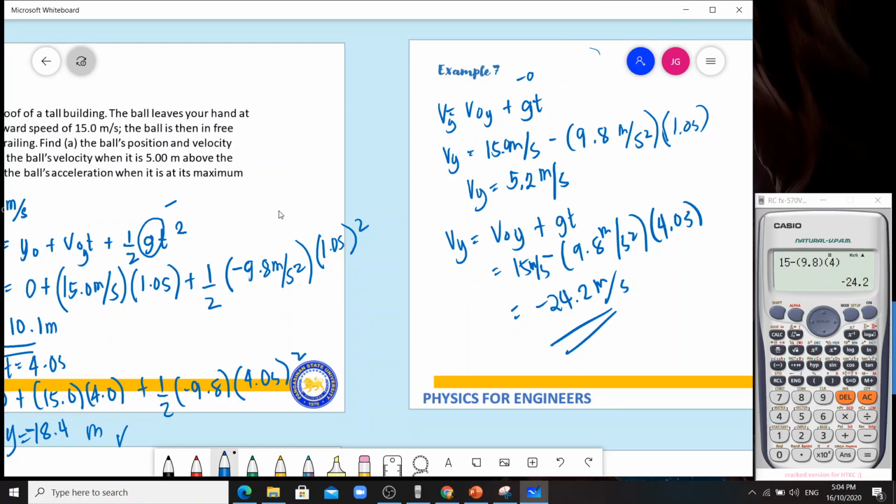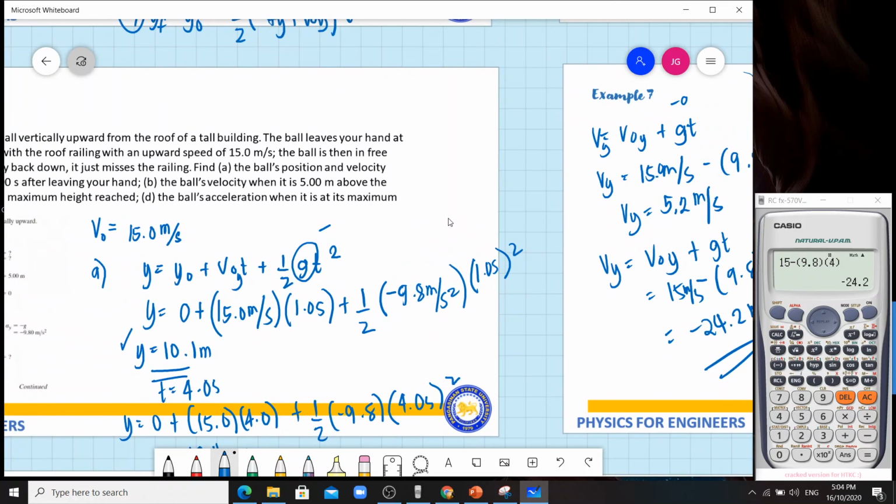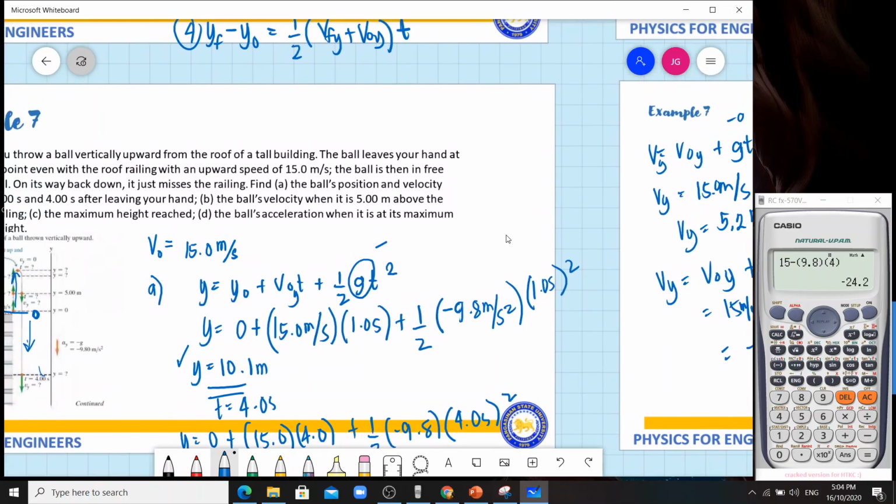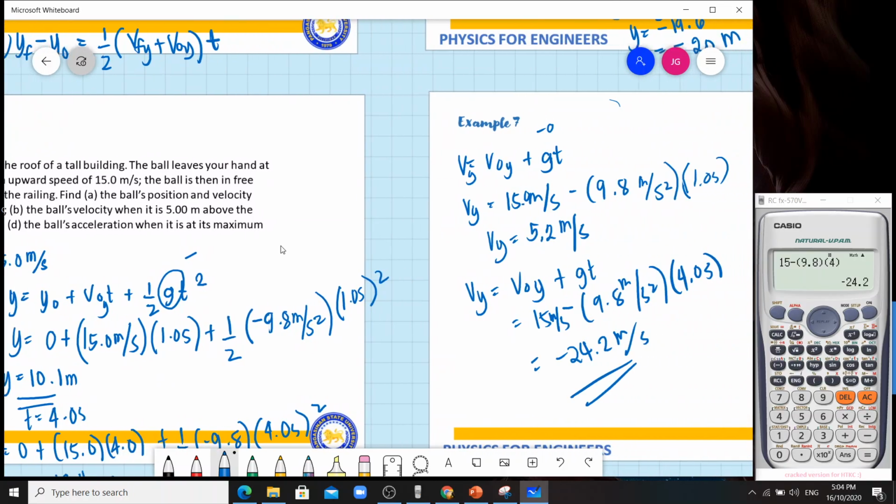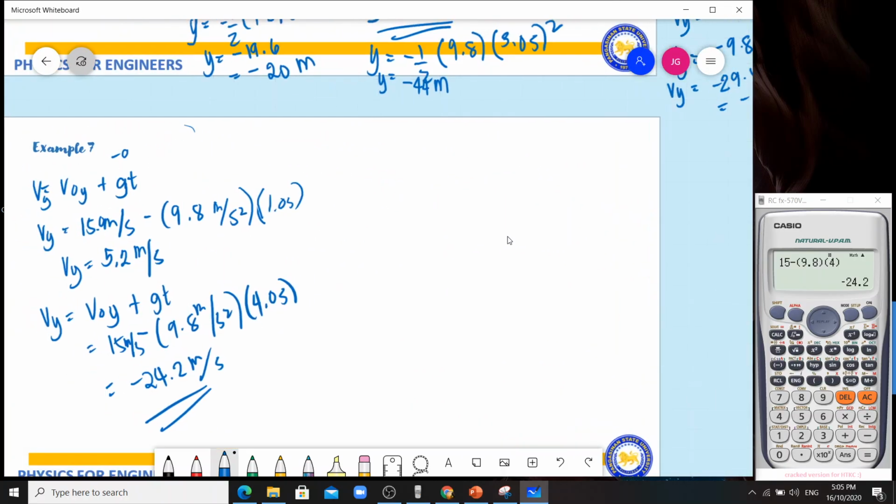Okay, so next, B, the ball's velocity when it is 5 meters above the railing. So, ano daw yung velocity kapag y is positive 5? Kasi above, so 5 meters above the railing. May formula tayo dito na nagagamit, yung vf squared is equals to v0y squared plus 2a times yf minus y0.